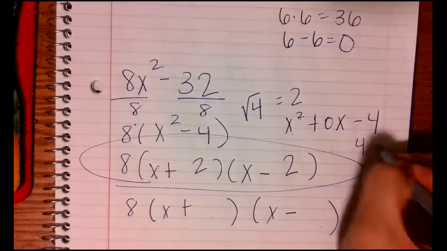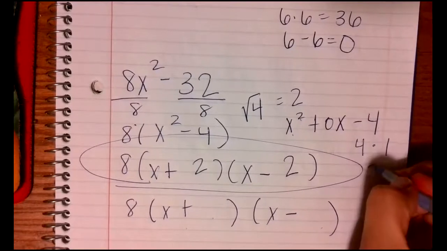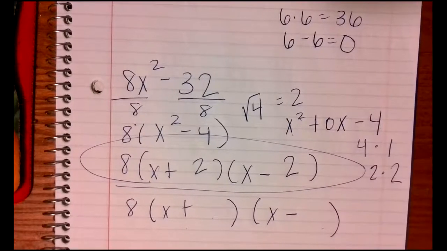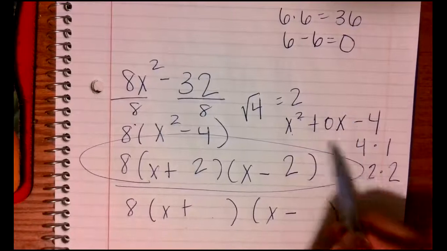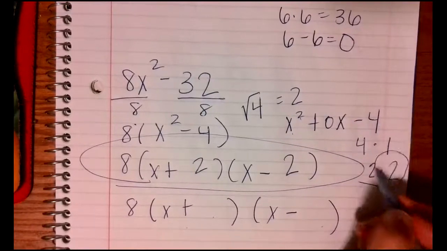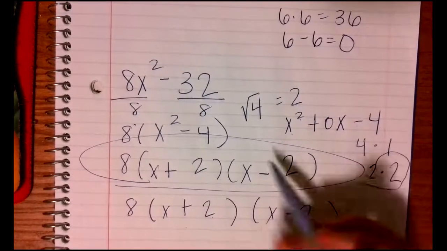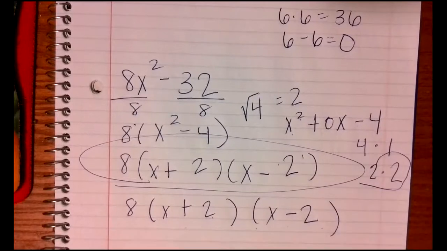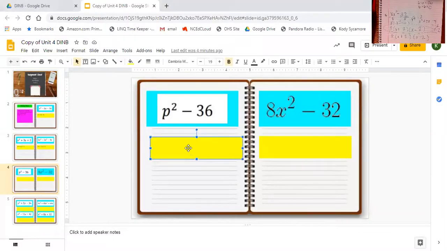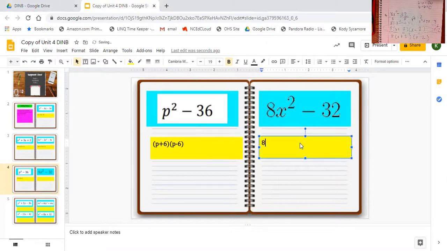I can get 4 by doing 4 times 1 or 2 times 2. Well, I need to add to 0, so that's going to be 2 and 2. Okay, so either way you want to think of it is fine. So I'm going to go to the problems there, type our answers in real quick. All right, and then don't forget again to type in the 8.